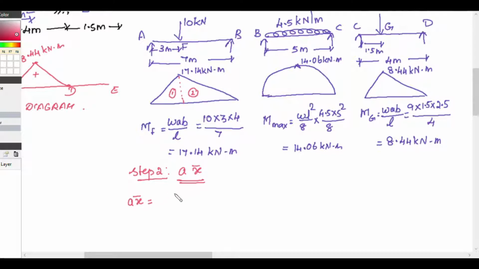So area is half into base. Here the base is 3 meter and this is 4 meter.